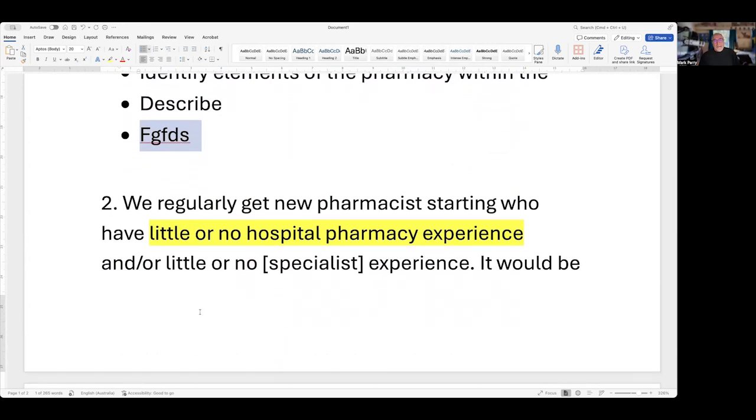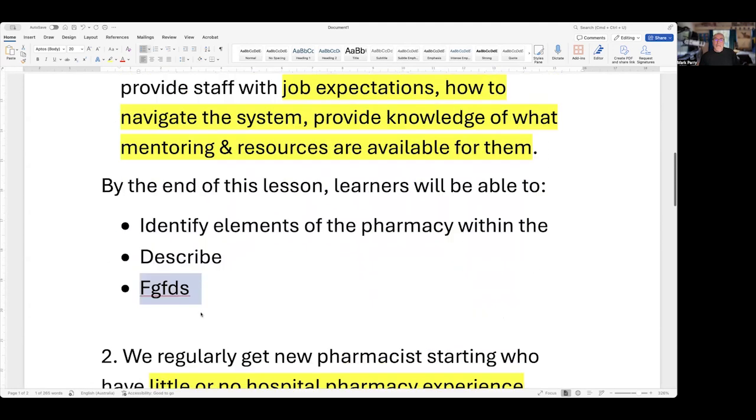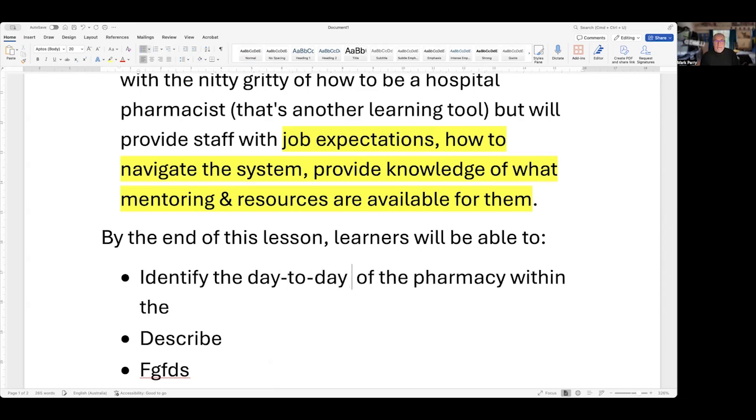So we regularly get new pharmacists starting who have little or no hospital pharmacy experience. So it could be what a day in the life of a pharmacist looks like, possibly. So that could be about here. It could be identify the day-to-day tasks required, or something like that.